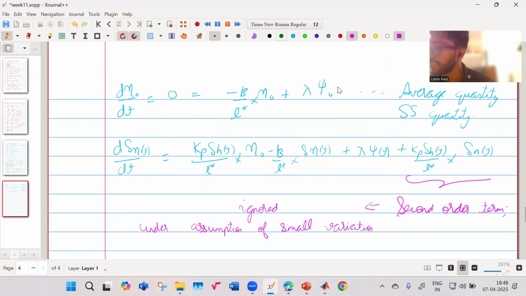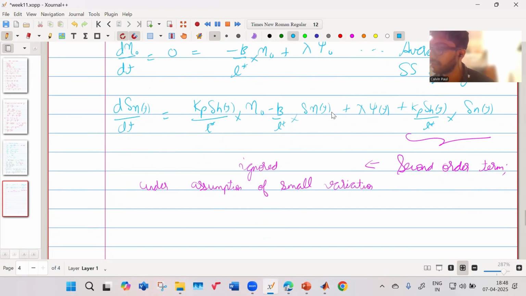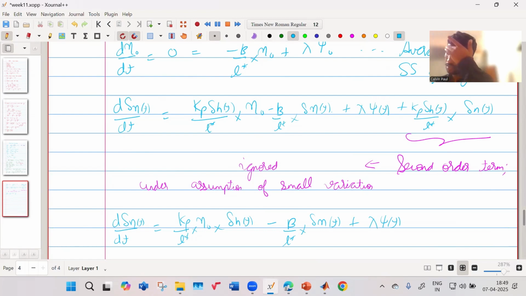So we write d delta eta of t upon dt is equal to kp upon L star into eta naught into delta h of t minus beta upon L star into delta eta of t plus lambda into phi of t. So this is our first equation.